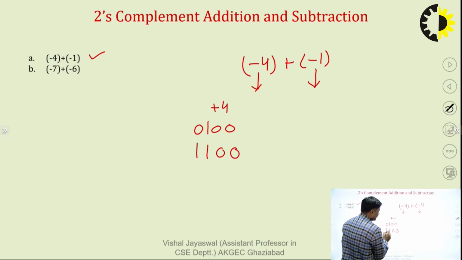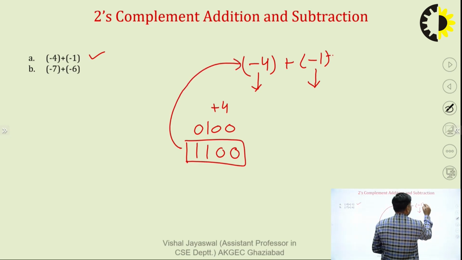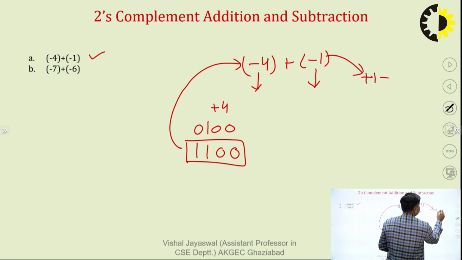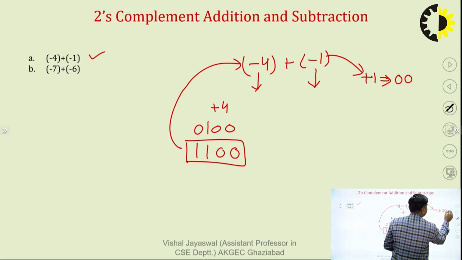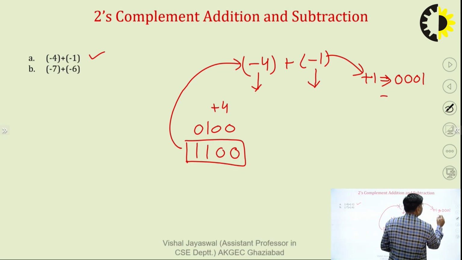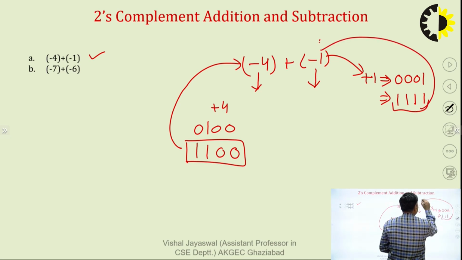This is minus 4. For minus 1, we write plus 1 in 4 digits, that means 0, 0, 0 and 1, and if we take the 2's complement form, then 1, 1, 1, 1. This is the 2's complement form of minus 1.